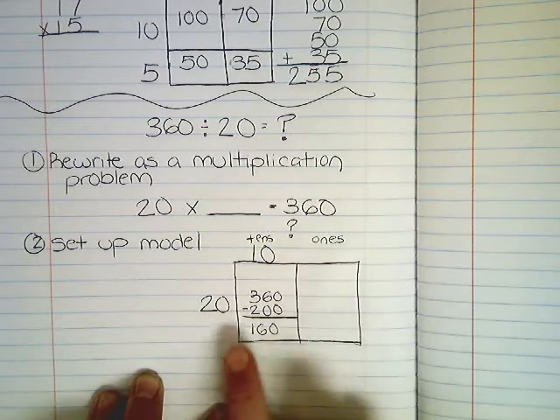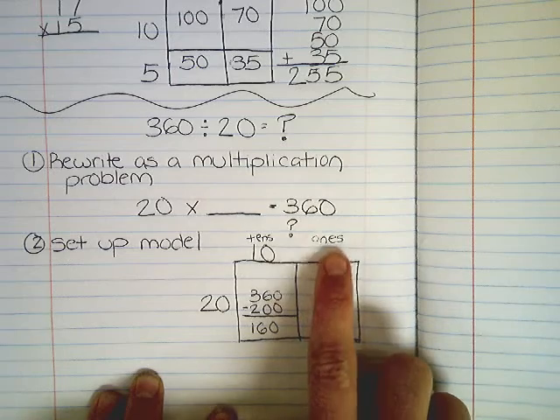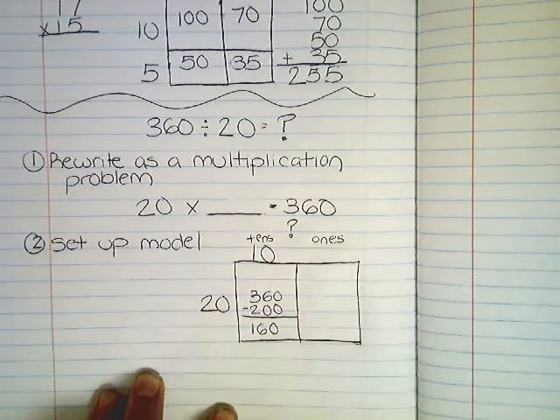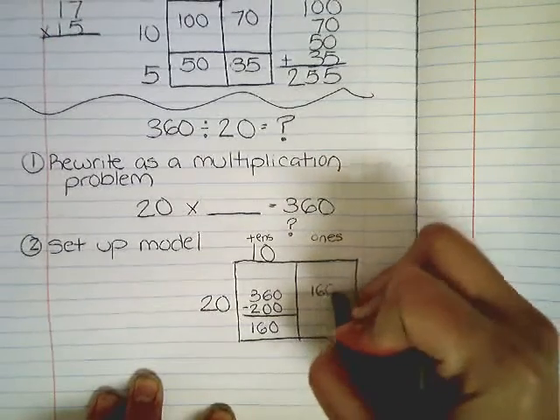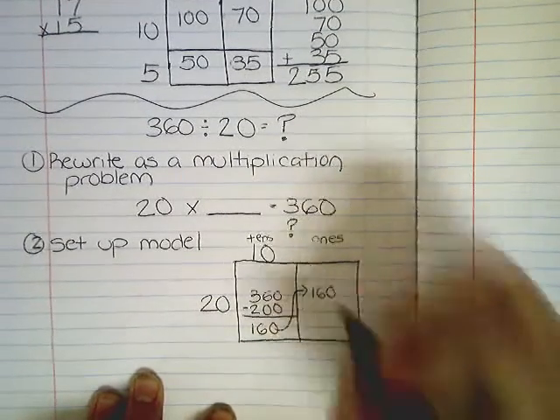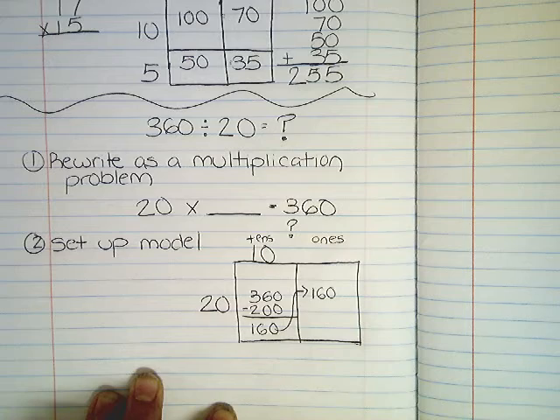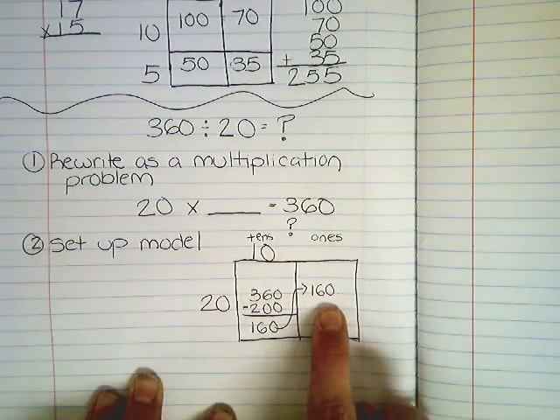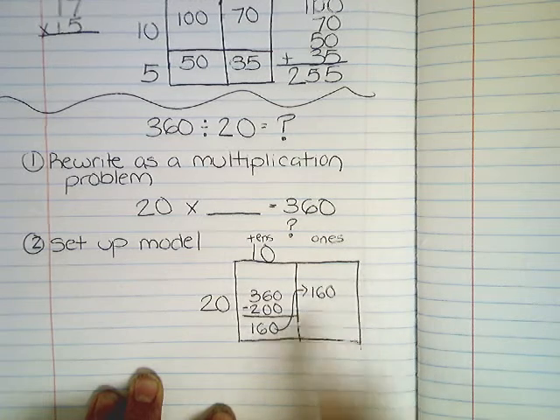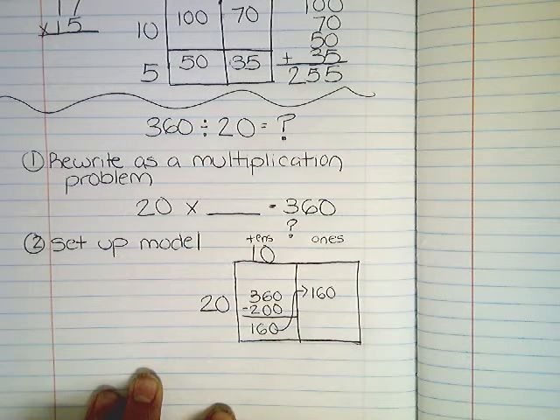Now we need to figure out how many ones. What is the digit that's going to be in the ones place? So we have 160 left. And you think to yourself, 20 times what will get me 160? Well, we learned in topic 3 how to multiply multiples of 10.